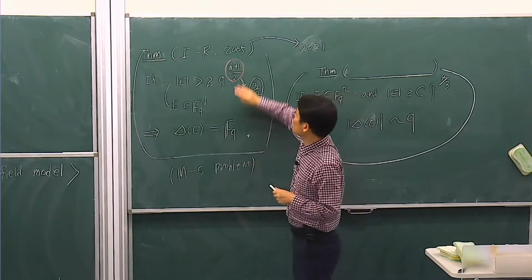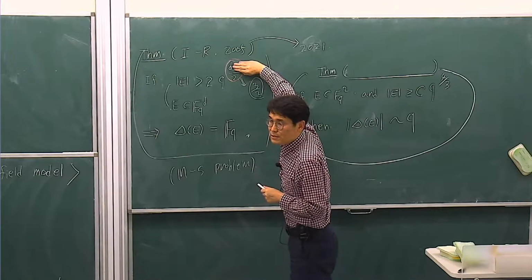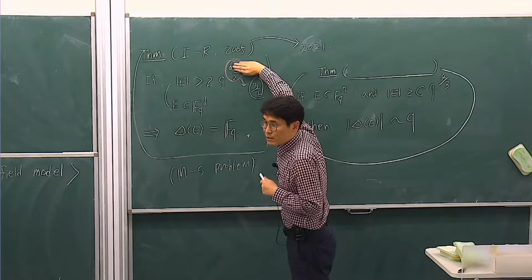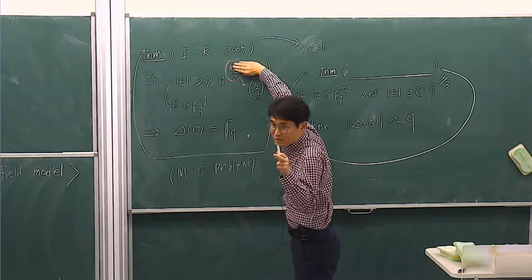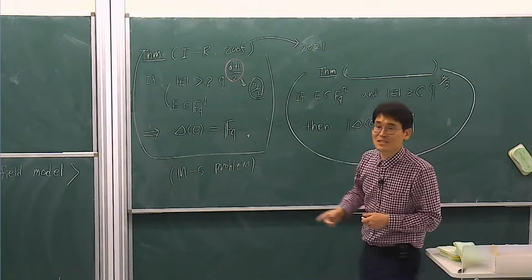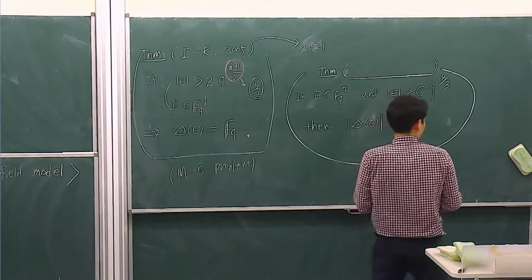Actually, our conjecture is that we want d over 2. We really wanted to get d over 2. For other dimensions, this is sharp. I will explain it.